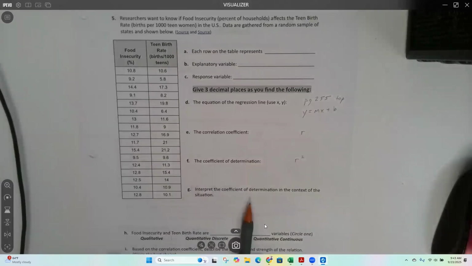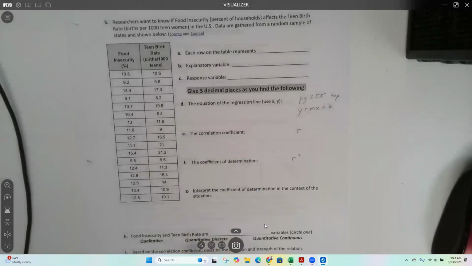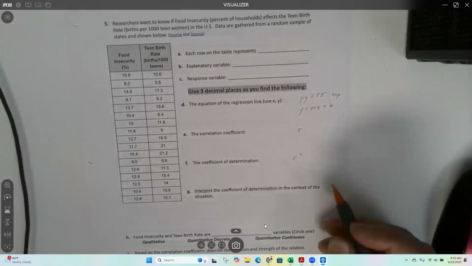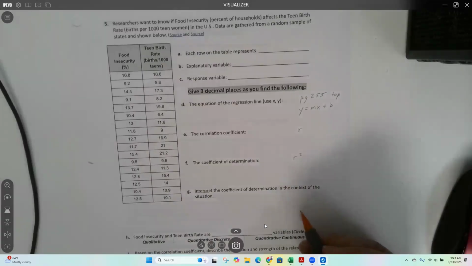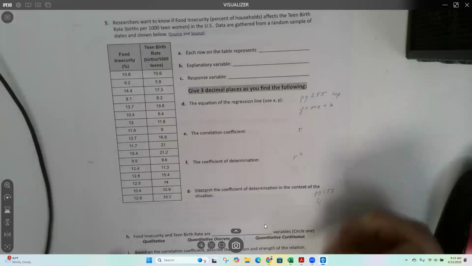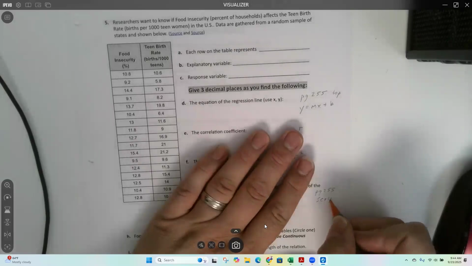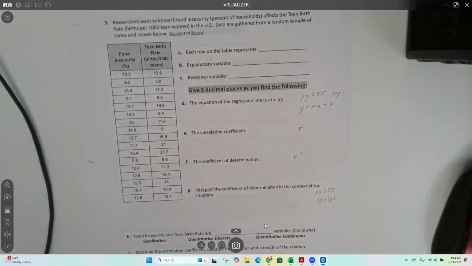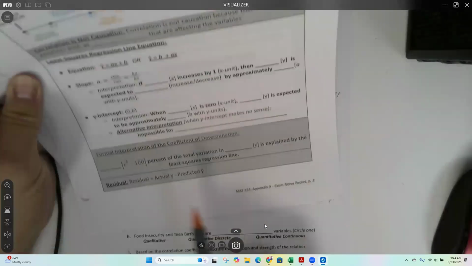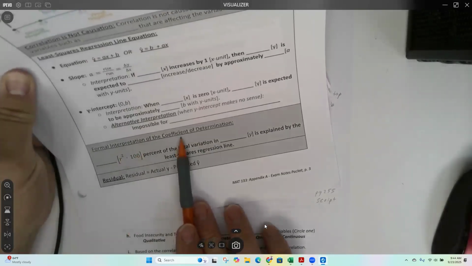Anyway, so part G down here, interpret, we remember what that means. It means we want a sentence in English, okay? So there is a script for this on page 255. Everything's going to be on page 255 today. But there's a script right here at the bottom for the formal interpretation of the coefficient of determination.